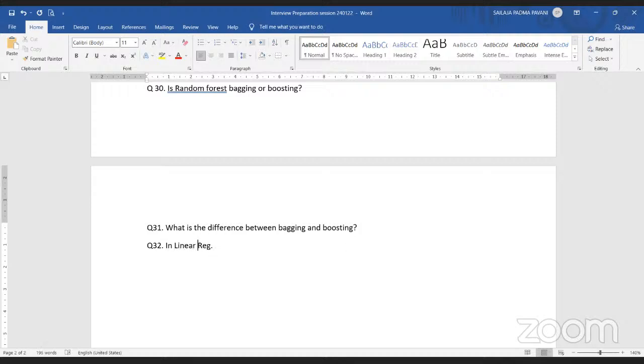In linear regression, what type of errors do you face? My question is, in linear regression, what type of errors do you get?